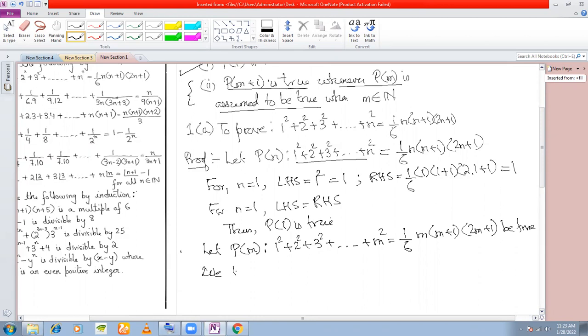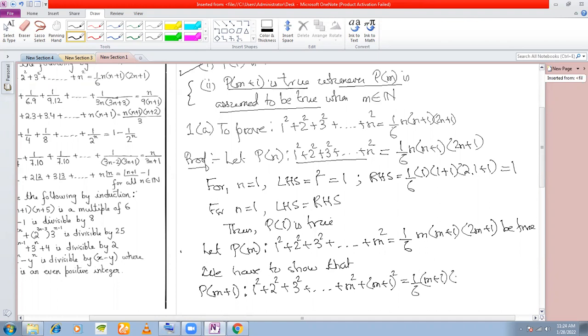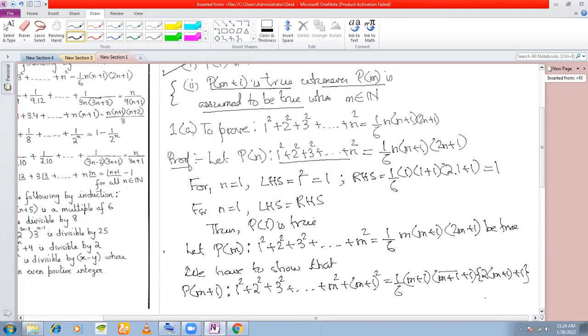We have to show that Pm plus 1, and what is the statement? 1 square plus 2 square plus 3 square up till m square plus m plus 1 square is equal to 1/6 m plus 1; replace m by m plus 1, m plus 1 plus 1, and twice m plus 1 plus 1, is true.